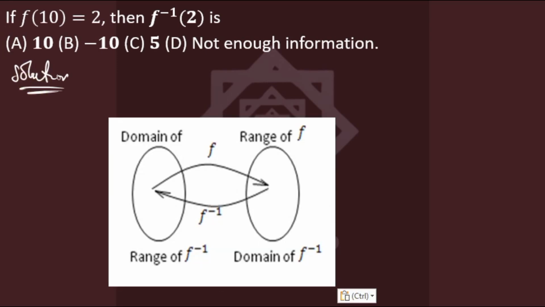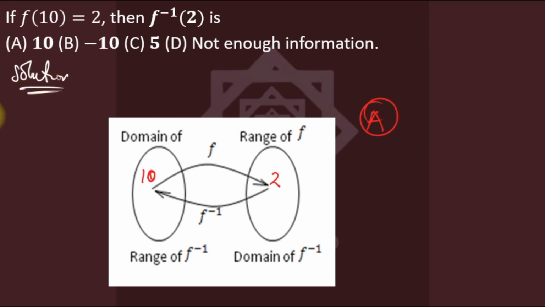From this, f of 10 is 2, so the image is 2. So the opposite now, inverse of f of 2 is now 10, so the answer is 10. The answer is option A.